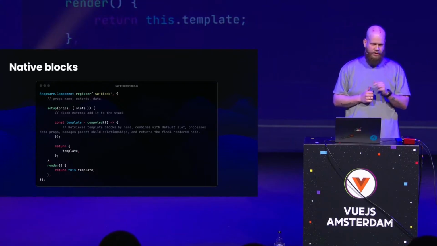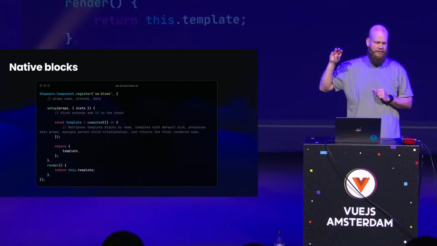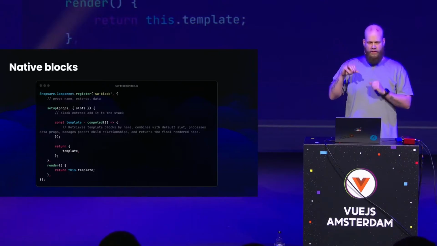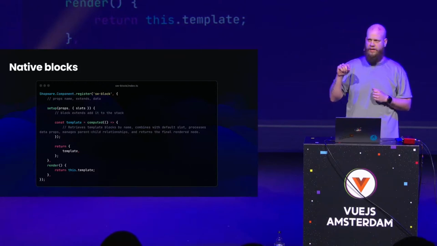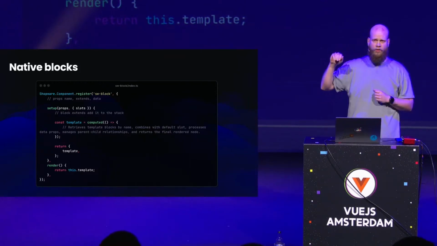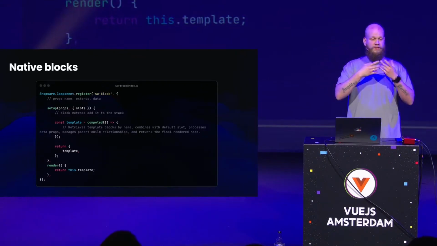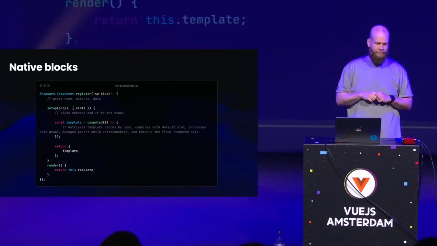In the setup function, the first thing we check is, is this block extending? If it's extending, we add it to a stack of blocks, which are just key values. The key would be the block name, and the value would be the default start rendering function.